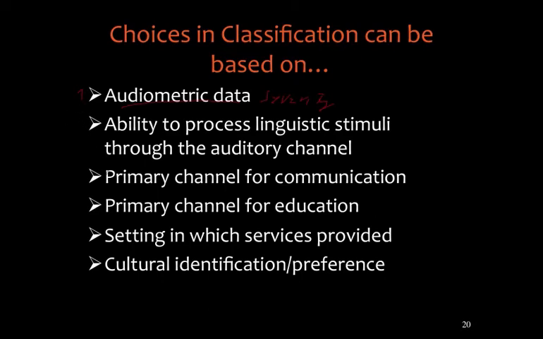It may be based on what the educators say. It might be based on what the persons feel is their best way to communicate. So maybe people who use the visual channel would consider themselves as deaf individuals, maybe more so than hard of hearing individuals. It could also determine the setting in which the services are provided.